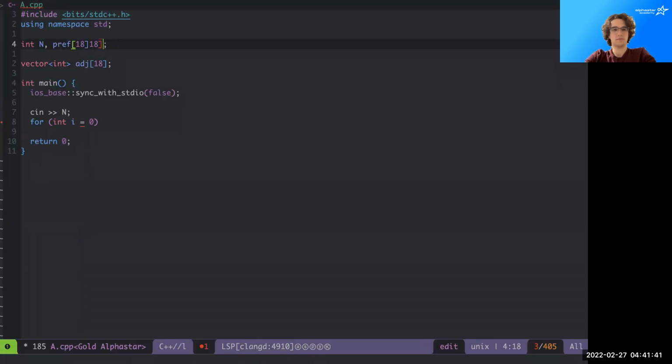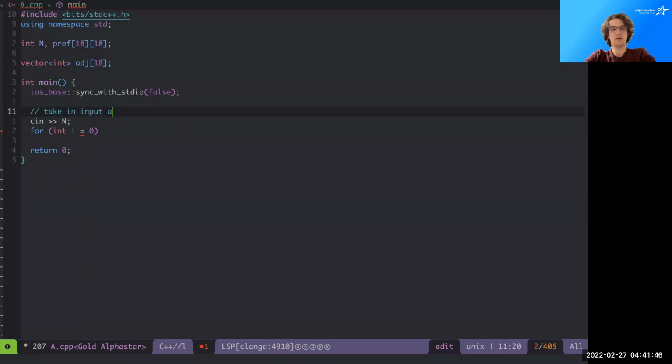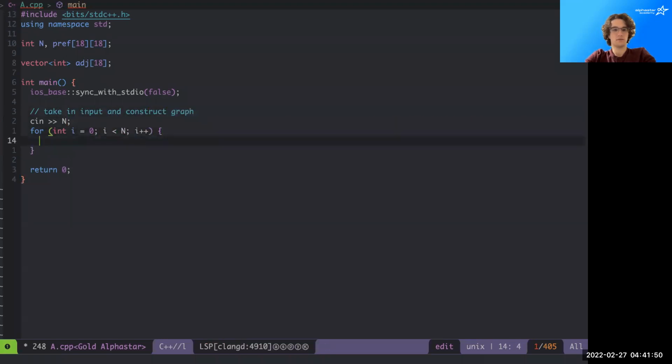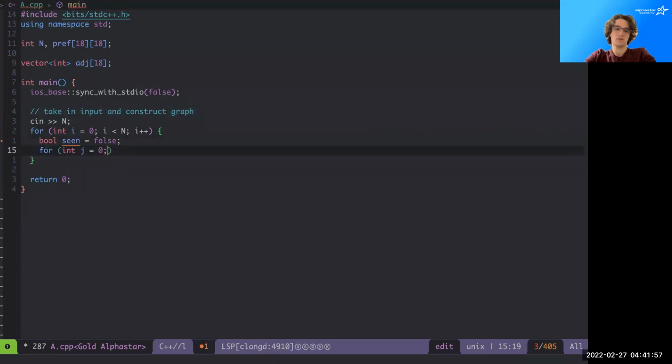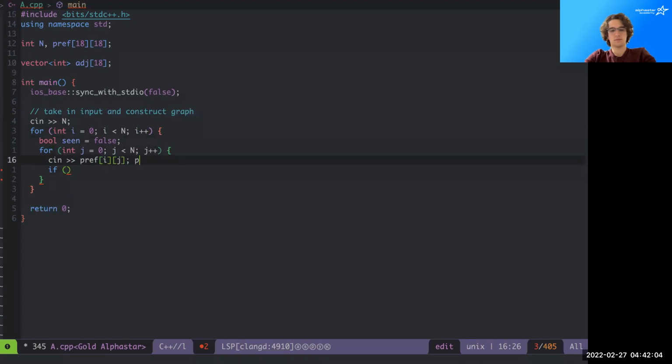Let's store them. Take it, and construct the graph. Here I'll make it 0 indexed, just to make sure we don't run into any indexing issues. So this is the same preference.